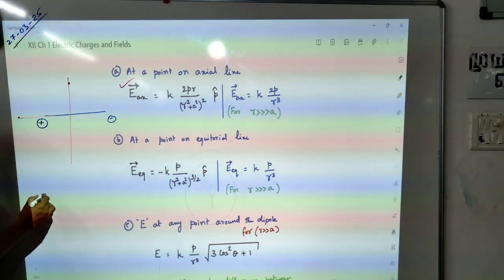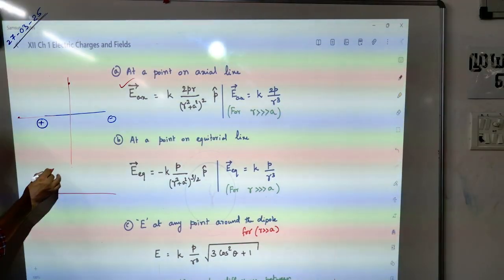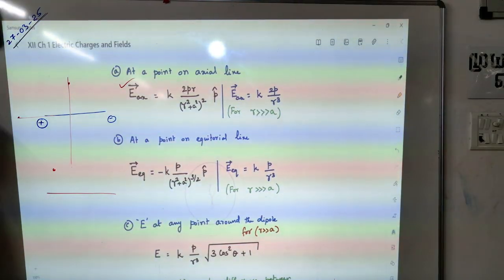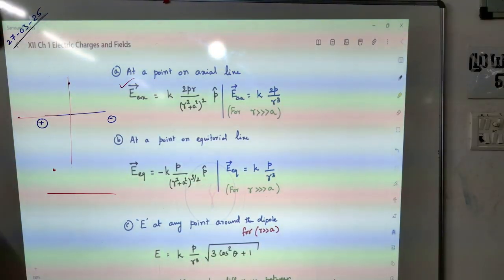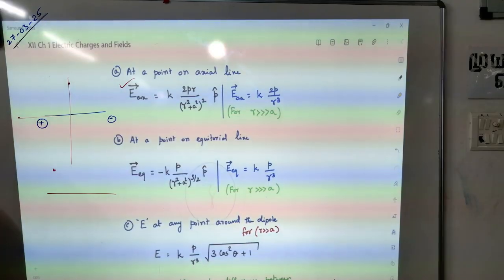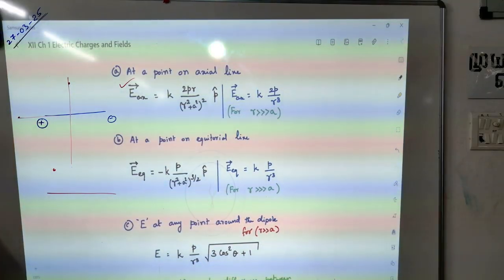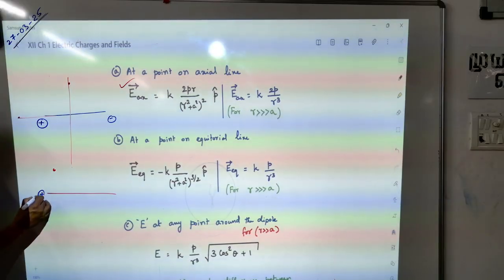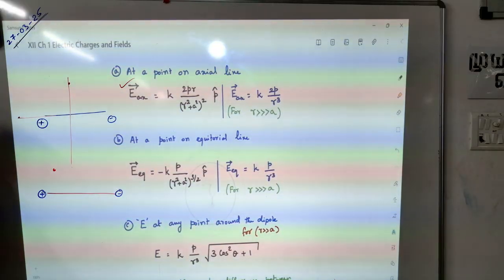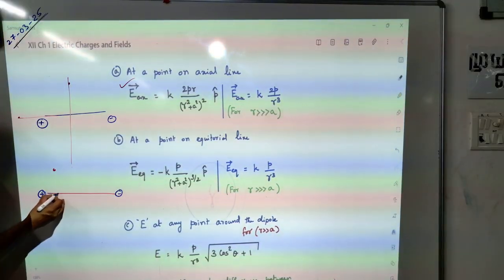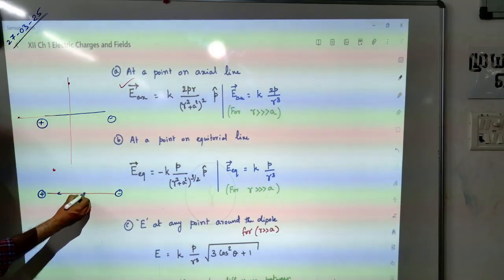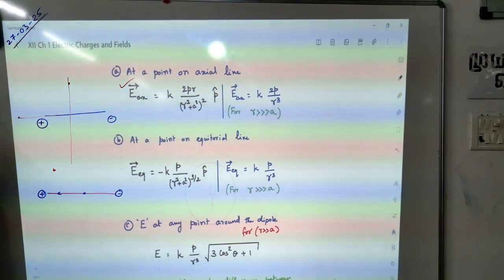This time I am going to take a dipole and I am randomly marking a point which is not on the axial, not on the equatorial. Watch the board, children. If this is positive charge, if this is negative charge, and the dipole moment is in this direction, any measurement should be done from the center of the dipole.